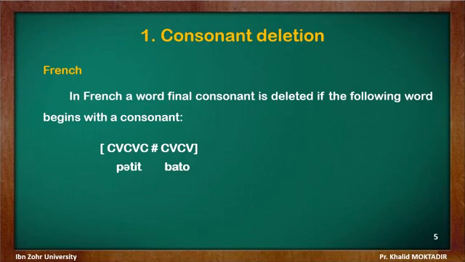The last consonant in the word petit is deleted, as you can see. So this results in a basic syllable pattern. Look at petit bateau. You have C, V, C, V in the first word, followed by the same pattern again. And so we reach the simple, the preferred syllable structure.